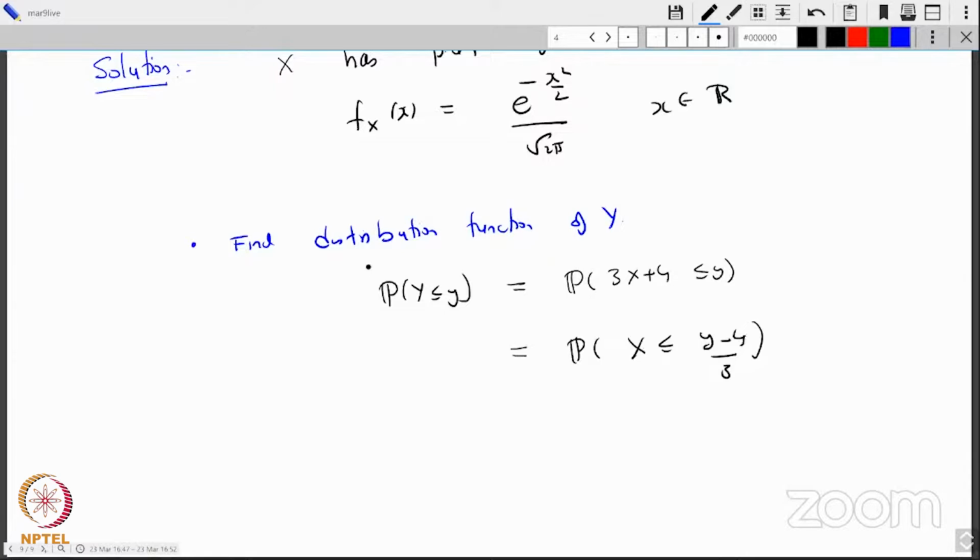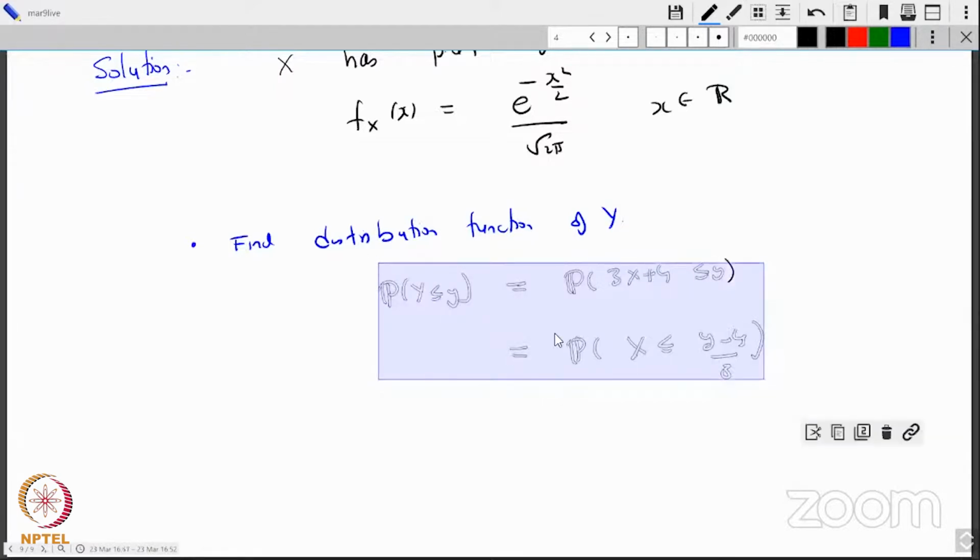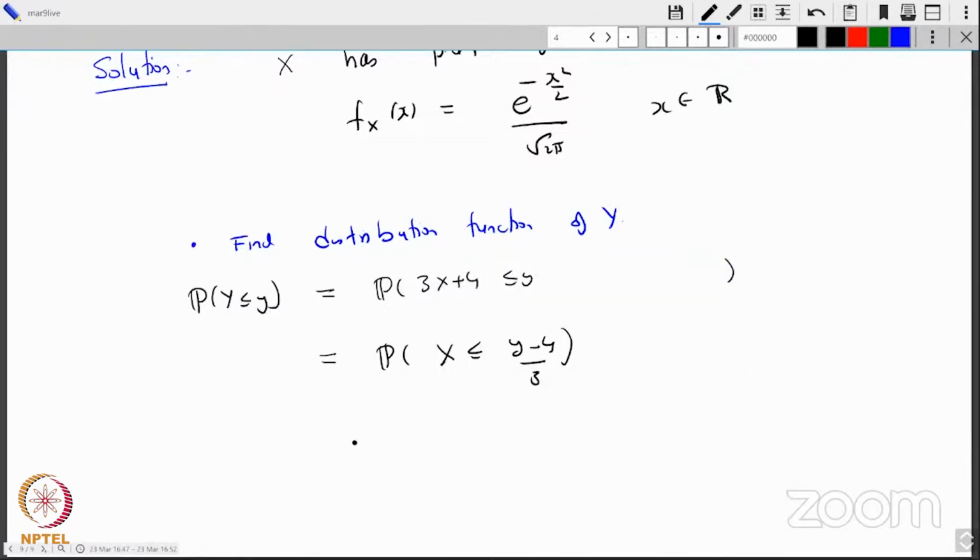So let me just move this across so that I have more space to write. Now this is the same as, if I replace with the density of x, the integral from minus infinity to y minus 4 by 3 of f sub x at x dx.